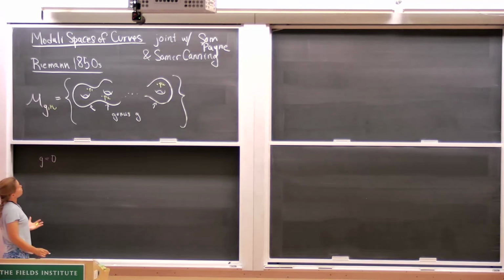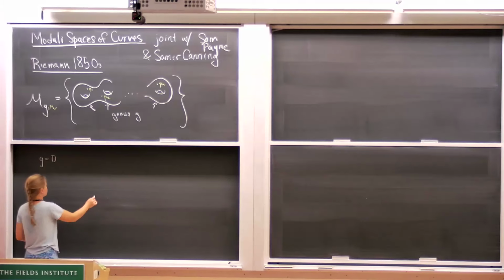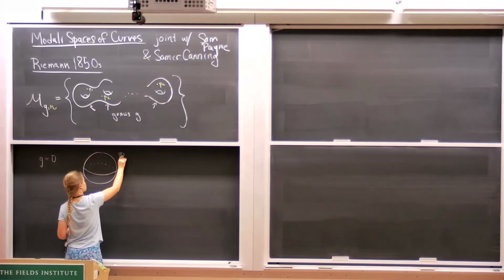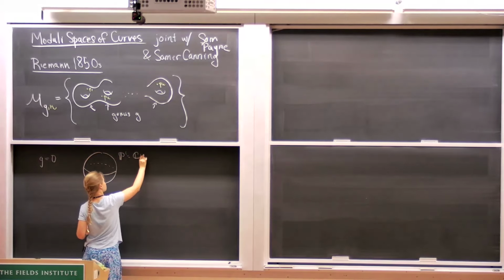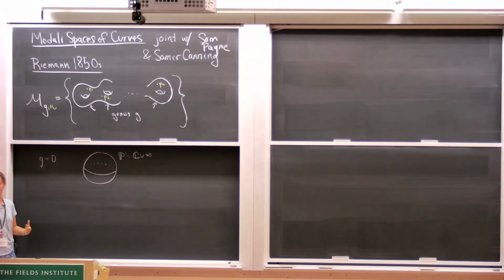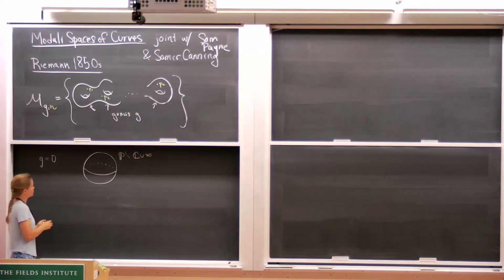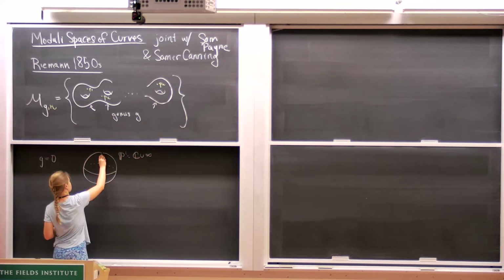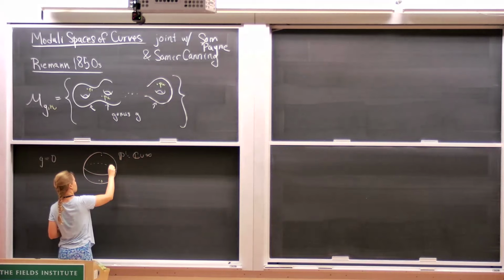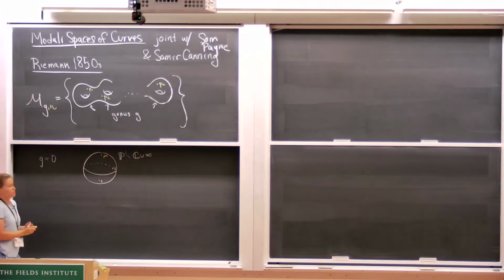So in genus 0, there is just one curve. It's P^1, or the Riemann sphere. And there's a large group of automorphisms that acts on this curve. So much so that if you have any 3 points, I can take them to my favorite 3 points, which are 0, 1, and infinity.